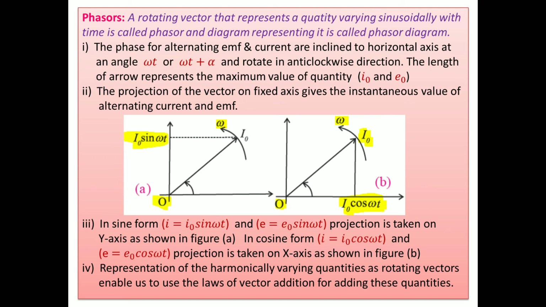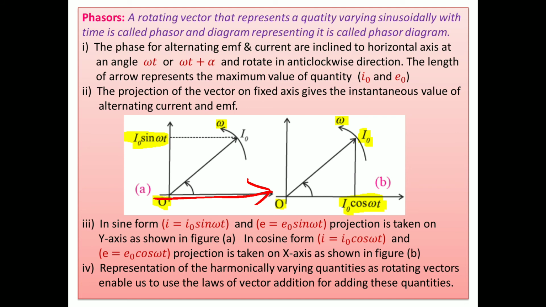The phasors of alternating EMF and current are inclined with the horizontal axis at an angle omega t. Look here, the horizontal axis means we take the positive x-axis. We know that E equal to E naught sin omega t, or omega t plus alpha, or I equal to I naught sin omega t, or you can take omega t plus alpha.